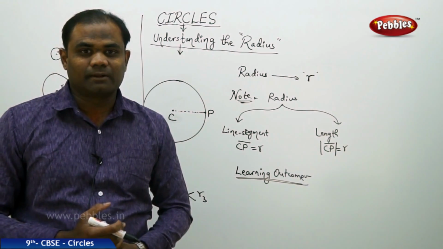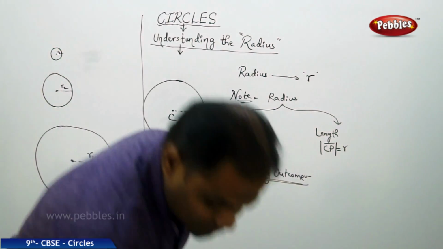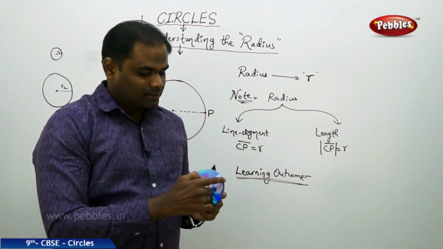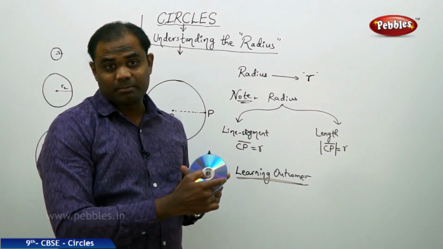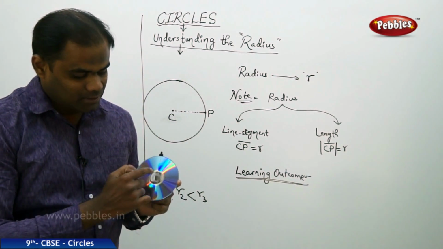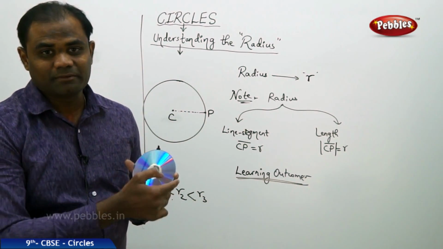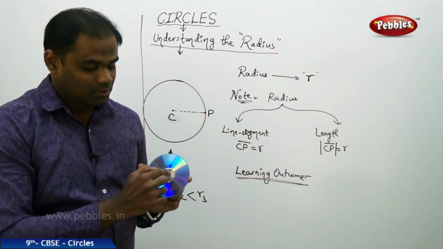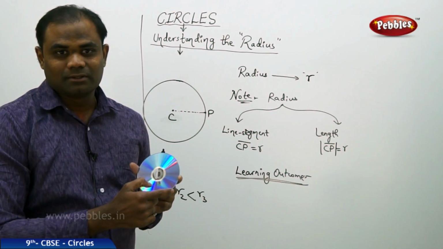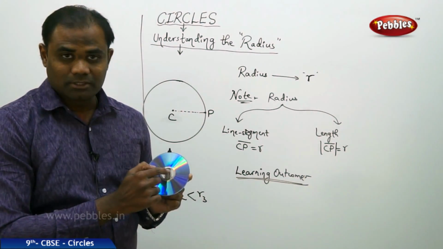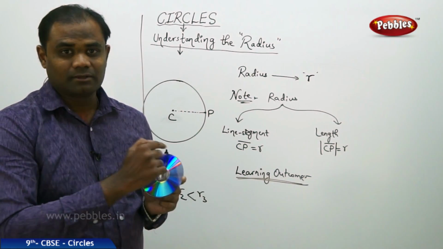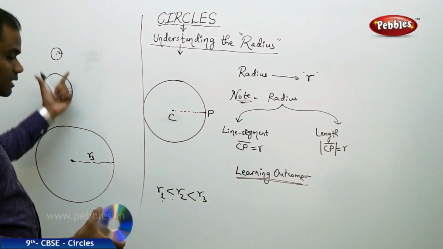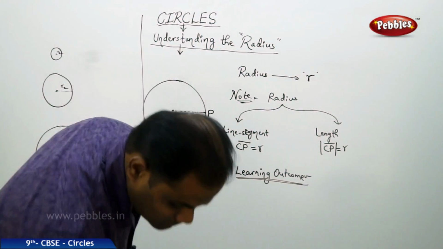Here I have a disk. The radius of this bigger circle is bigger, and the radius of this circle is smaller than the radius of the previous circle, and the radius of this circle is smaller than the radius of the outer circle. The radius of the smaller circle is the smallest, the radius of the bigger circle is the biggest.